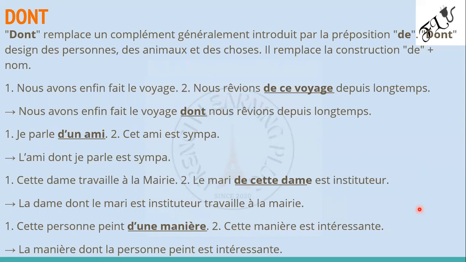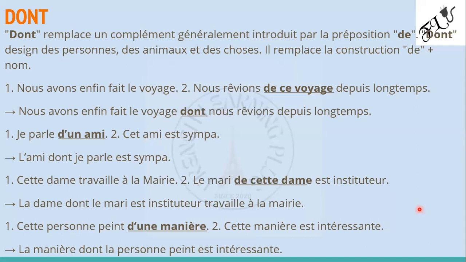So there are some verbs that in their formation you have de. For example, some verbs, some expressions like avoir envie de, parler de, rêver de. There are a lot of them.